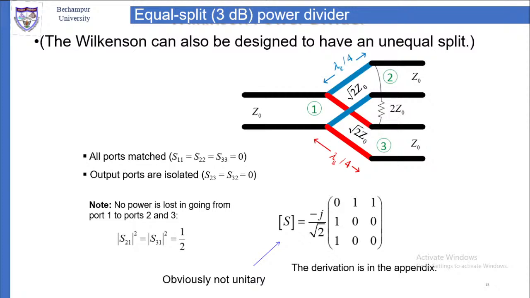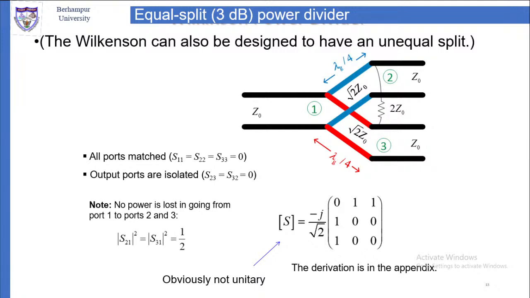They are equal to 0. No power is lost in going from port 1 to port 2 and port 3, which means S21 square is equal to S31 square is equal to 1 by 2. Sorry, 1 by 2. No power is lost. So S21 square plus S31 square is equal to 1. That is satisfied. Both of them are equal to half.